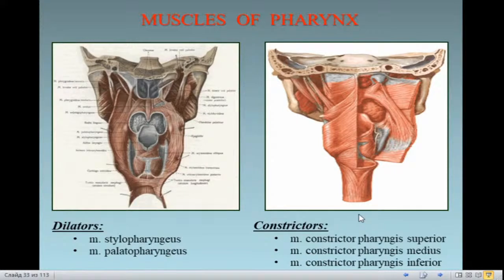Altogether, dilators and constrictors help us to form the peristaltic wave. When we're swallowing, the first peristaltic wave starts, and then in the esophagus we'll see the contraction of the longitudinal layer of the muscular tunic and the circular layer, and that will create the peristaltic wave.